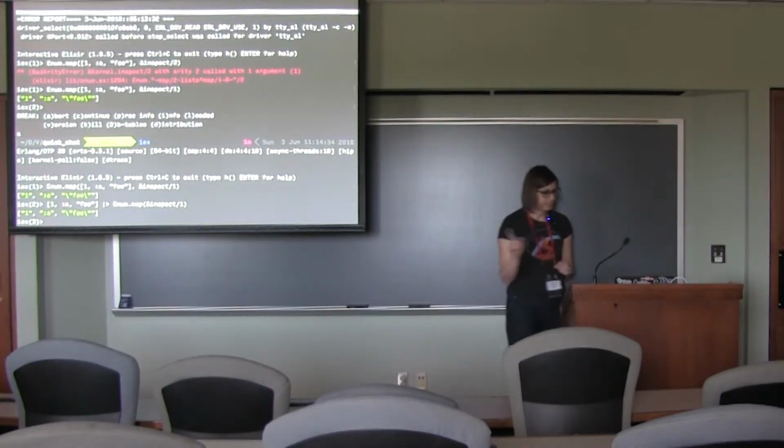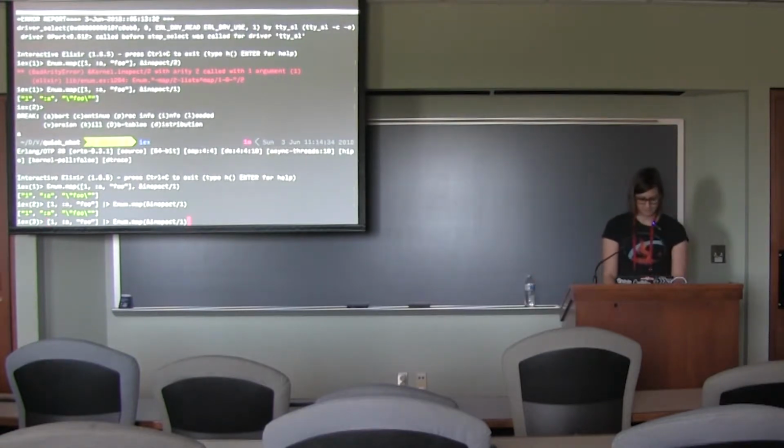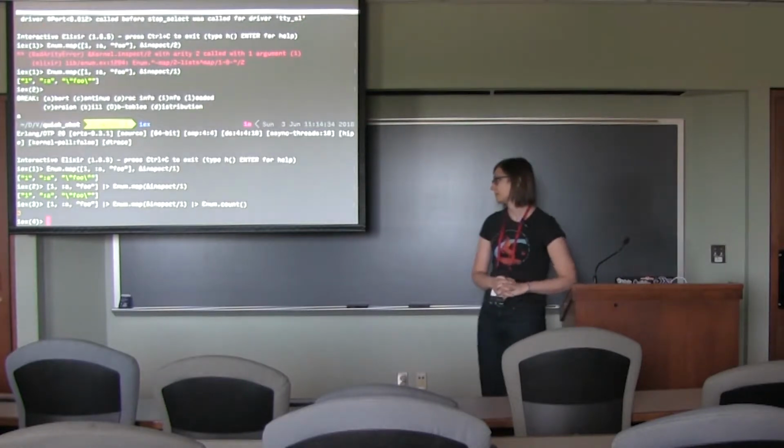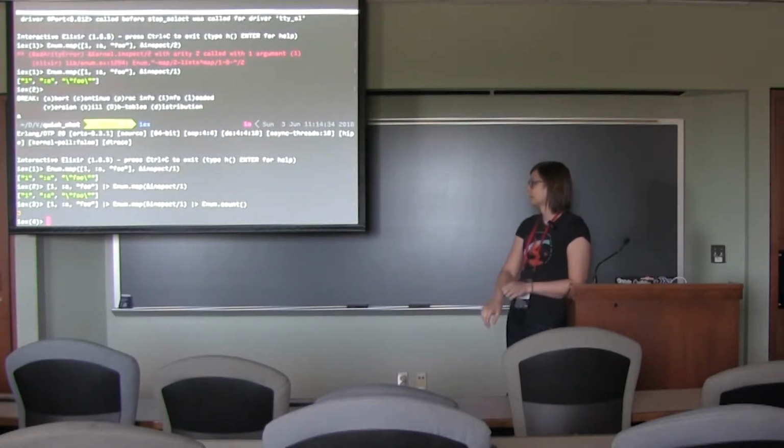The nice thing here is we can keep piping afterwards, right? Enum dot, I think it's count, maybe? Yeah. So if you're coming from an object-oriented language, this is like the dot chaining, but we have an operator in the middle instead.